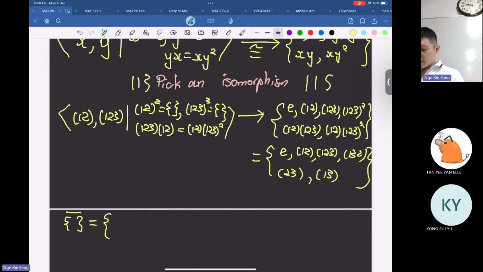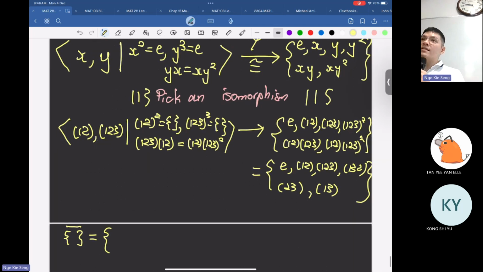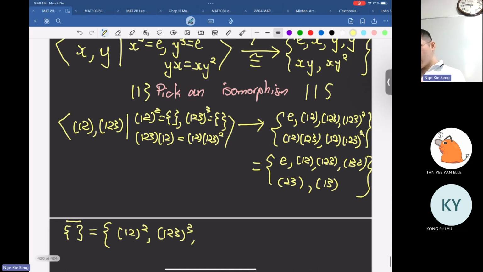So what is inside here? These are precisely all the words, for example, (1 2) squared, (1 2 3) cubed, and Y squared, YX, XY squared can be rewritten as YX, YX, right? Do you remember? We can rewrite this relation as YX, YX. So YX, YX is a word in identity.